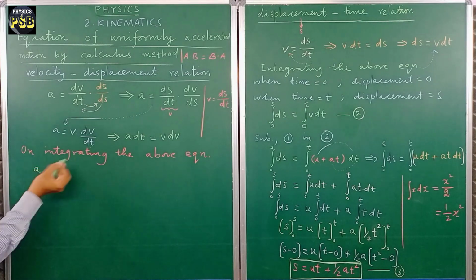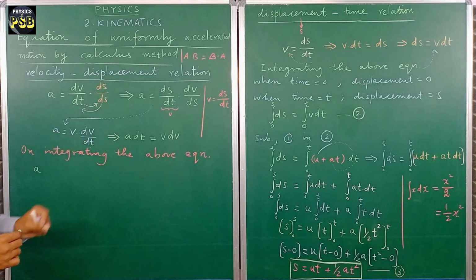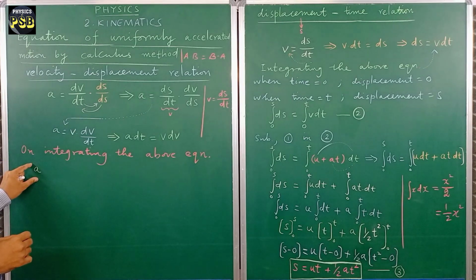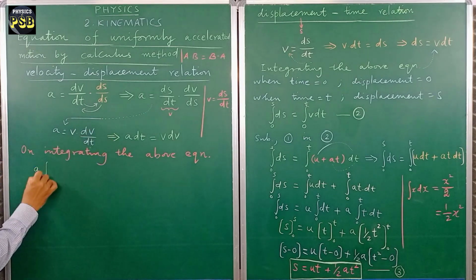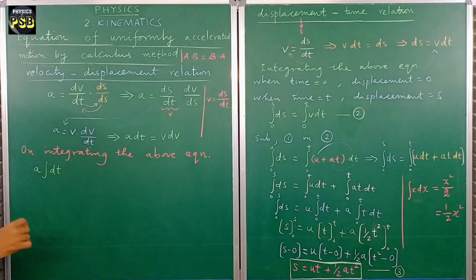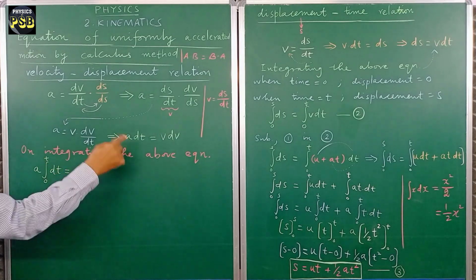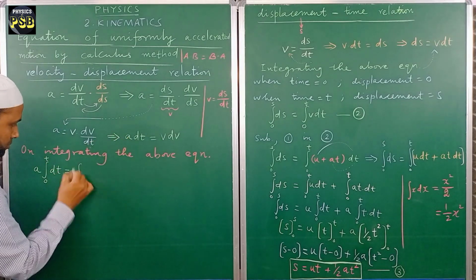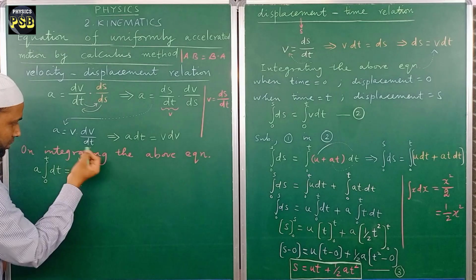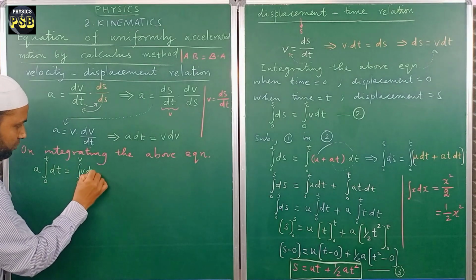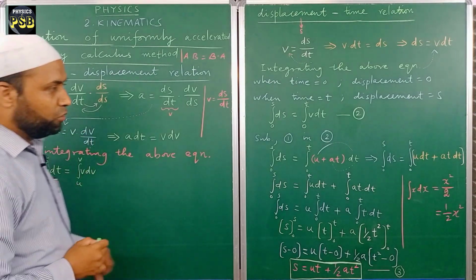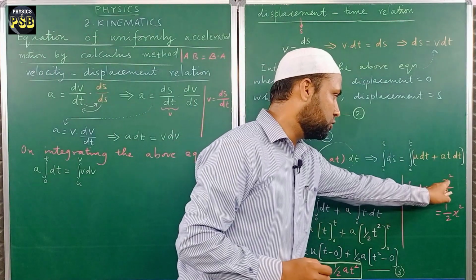Now I skip one step here. I keep the constant outside. I integrate this term alone. Here the initial value is 0 and the final value is t. Here the initial value is u, the final value is v, v dv. I told you the integral of x dx is x square upon 2.